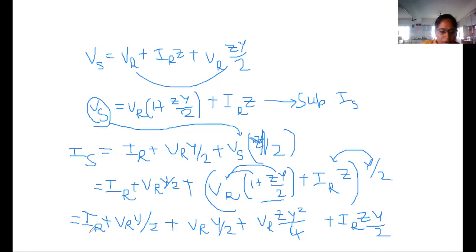Now see here, only IR terms are common with IR and VR terms are, see here, VR terms. In these three terms VR is common, and in these two terms IR is common.